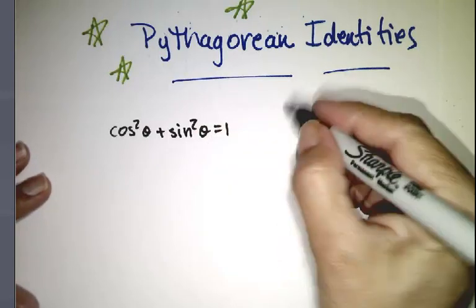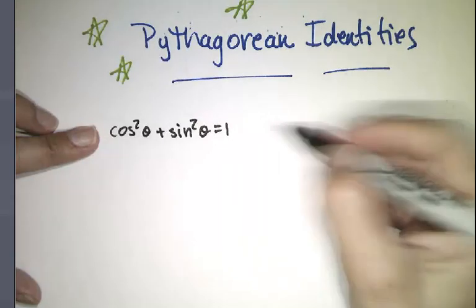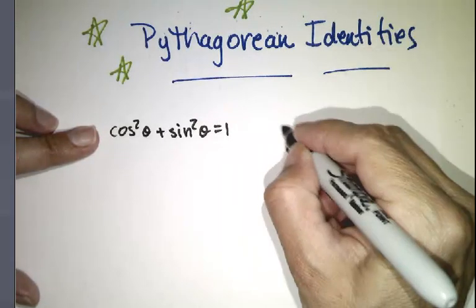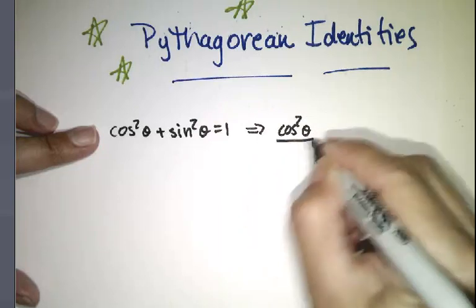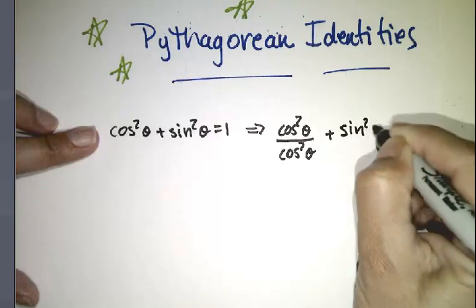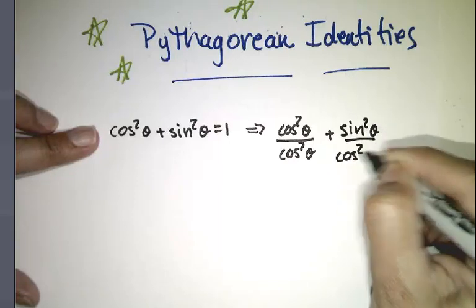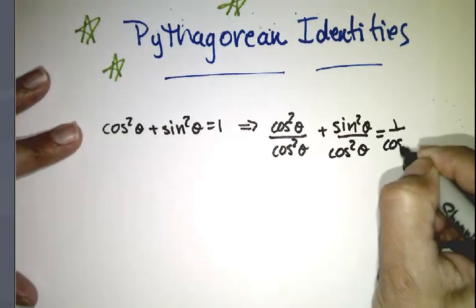Now let's come over here and do some work. If I were to take this identity right here and divide through by cosine squared, let's see what we get. If I divide every term by cosine squared, let's see what happens. Equals 1 over cosine squared theta.